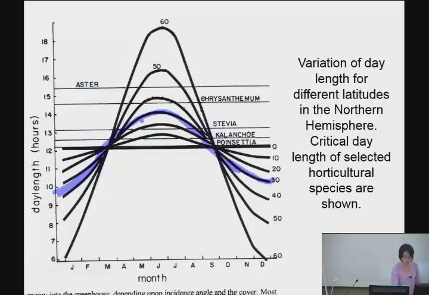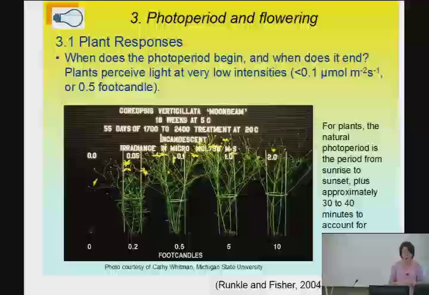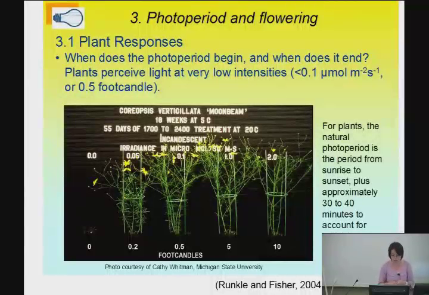So I'm going to show you probably the next one. Let me clear the stuff I wrote. There you go. So this one is showing the light intensity that plants can sense. This is a long day plant, also a Michigan State result.